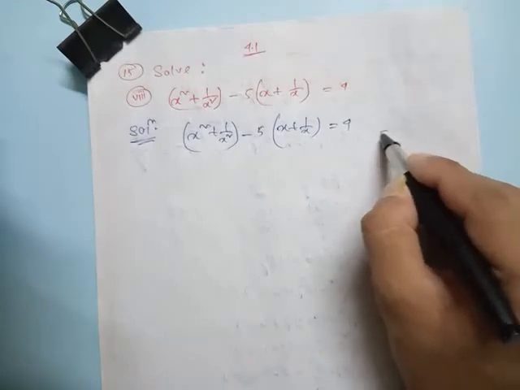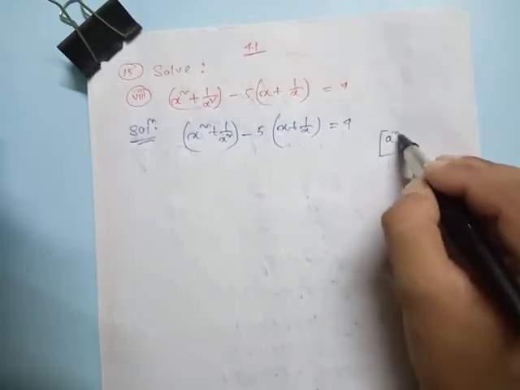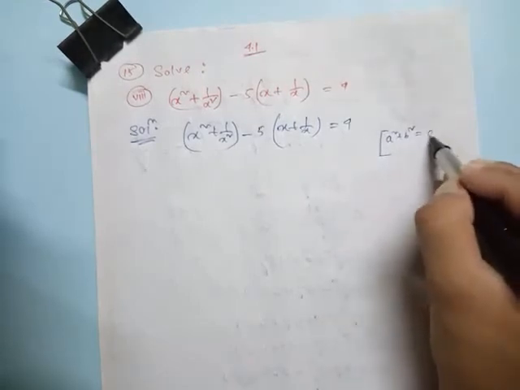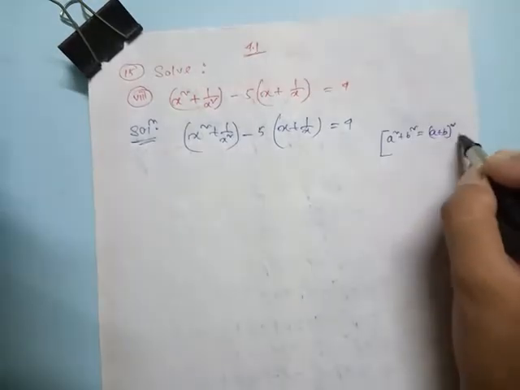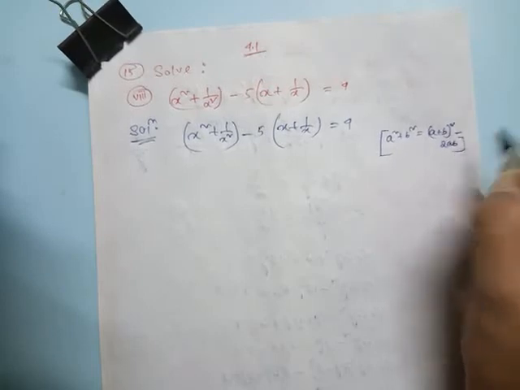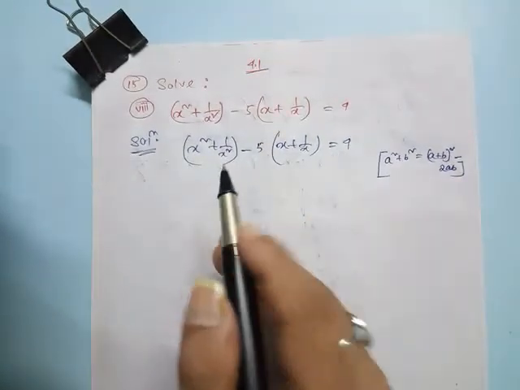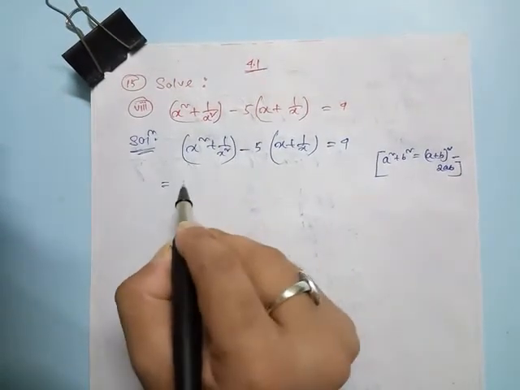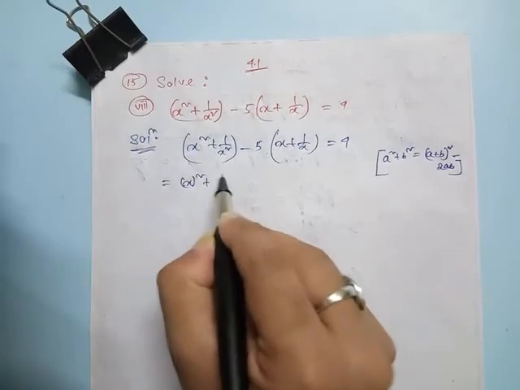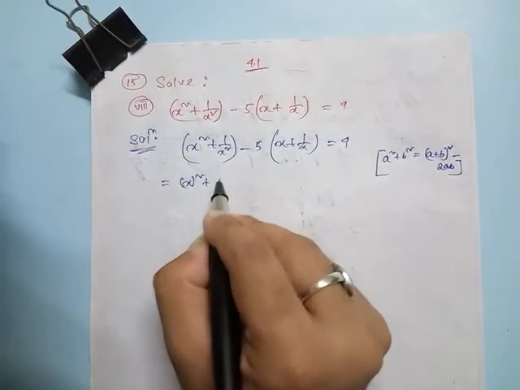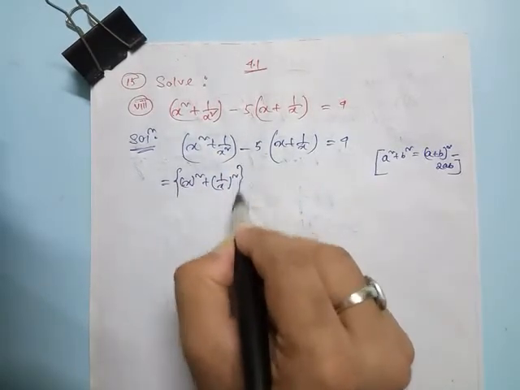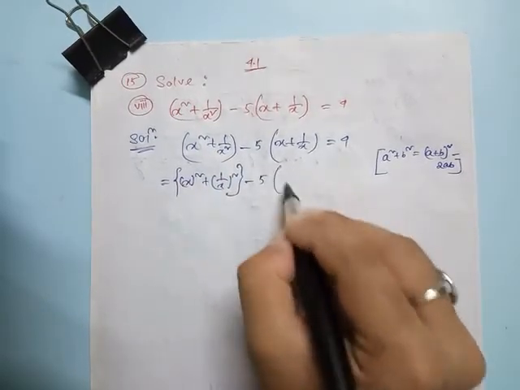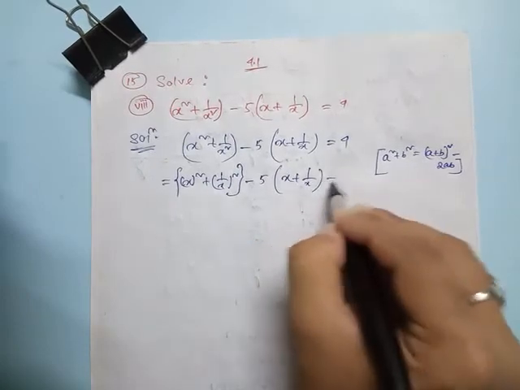Now what is the formula? a square plus b square equal to a plus b whole square minus twice ab. This formula I will use here. Now look, student, first of all, x plus 1 by x, we will write like this here, minus 5 times x plus 1 by x equal to 4.